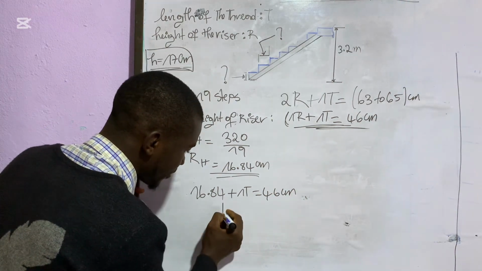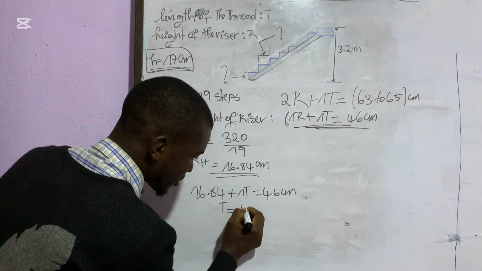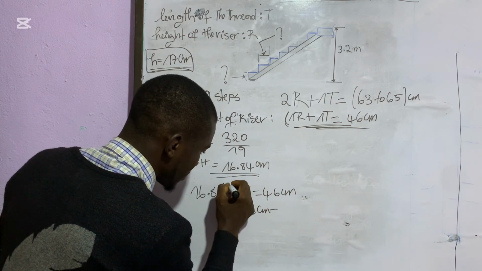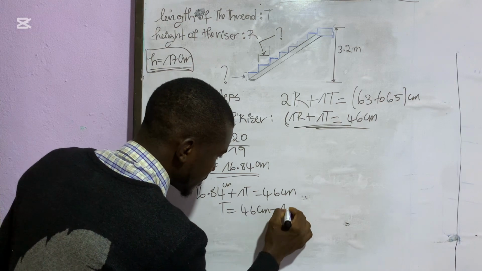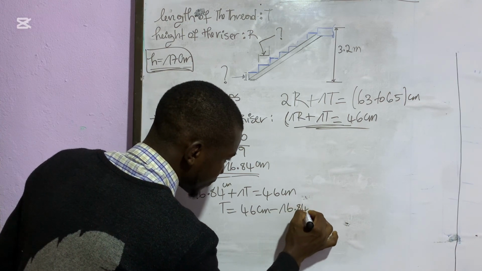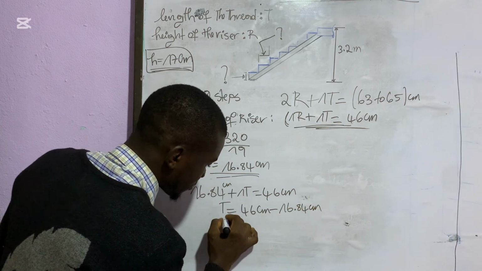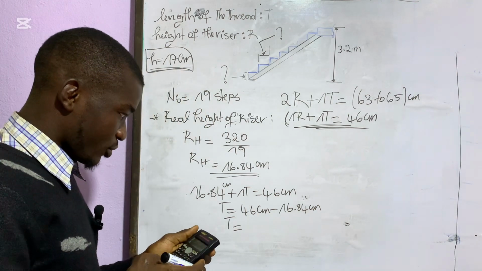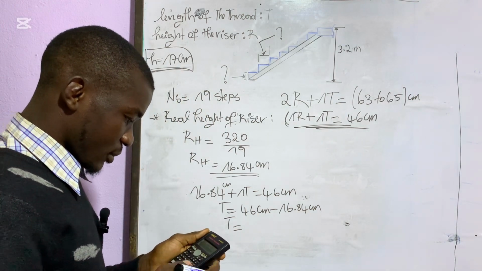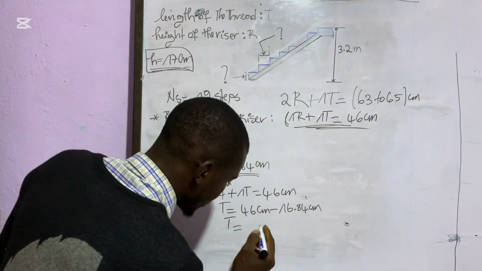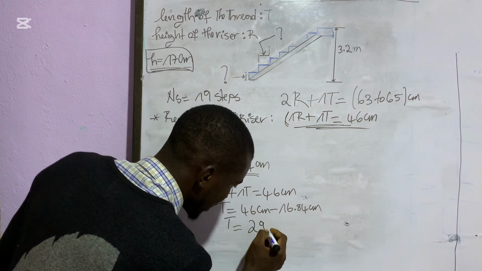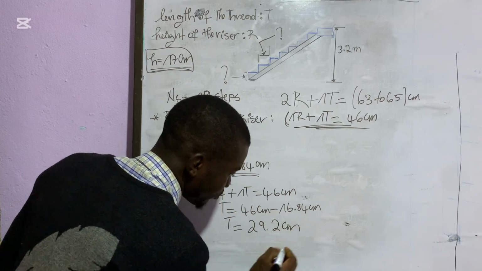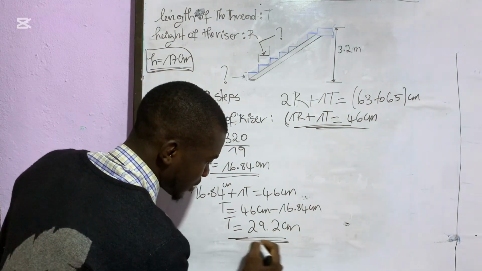So at the end of the day, I'll have my tray, that's 46 centimeter minus this, also in centimeter, 16.884 centimeter. So the tray will be equal to what? Let me punch it. So we'll have a tray of length 29.15, which can be rounded up to 29.2 centimeter.